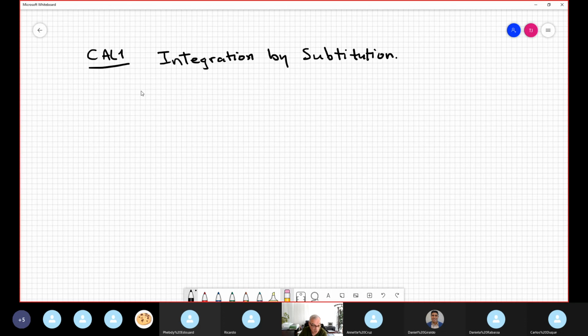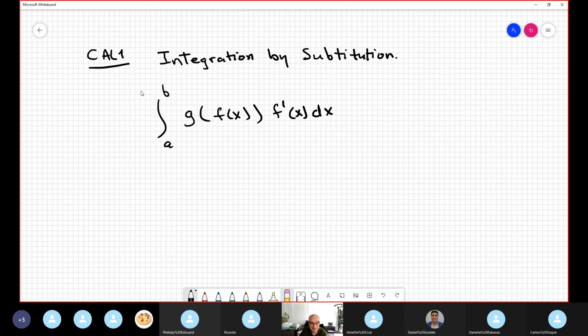One example of this. Suppose I want to compute the integral from a to b of a function that I call g, but it's a composite function with the x. And we have outside the derivative of the x things.